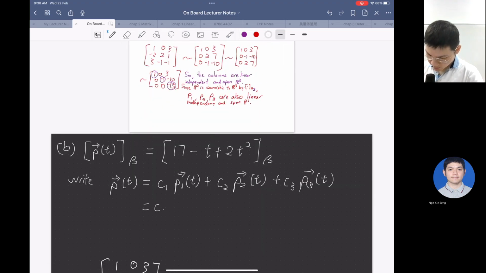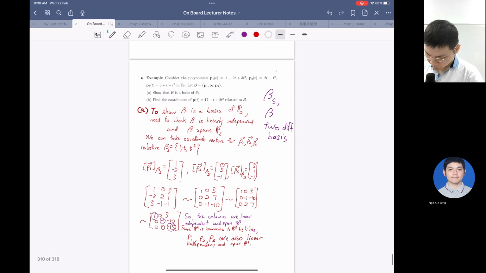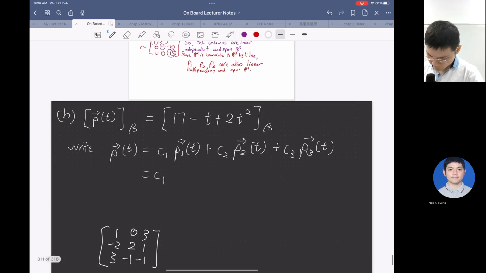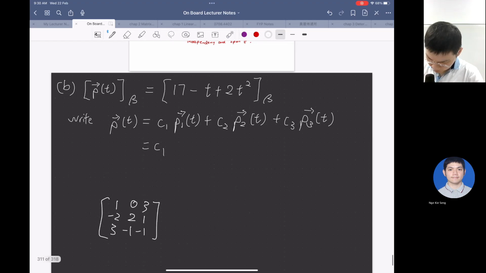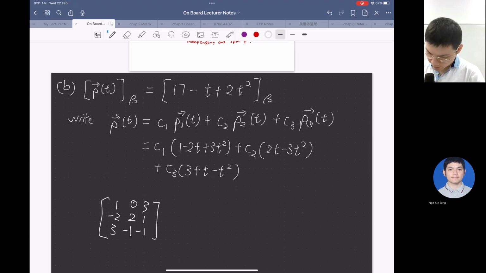Let me copy it from here. So 1 minus 2t plus 3t squared plus c2 times 2t minus 3t squared plus c3 times 3 plus t minus t squared. Then you need to express this PT in terms of this.